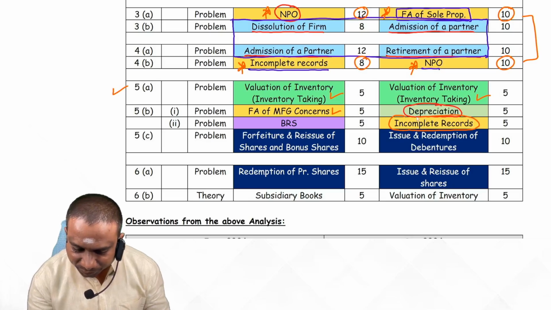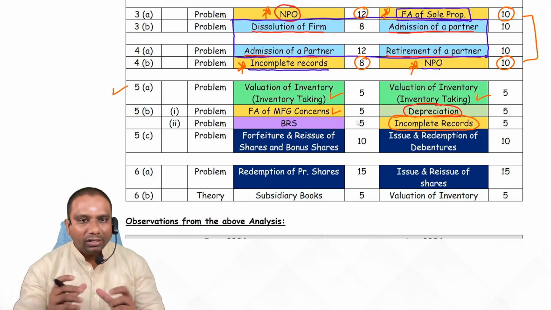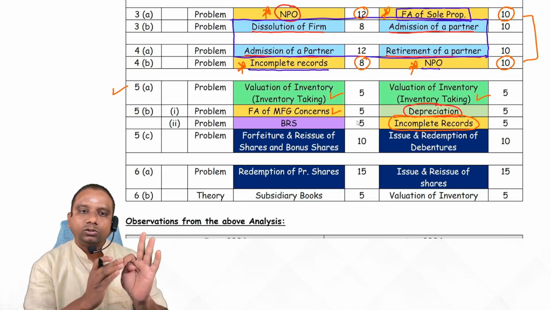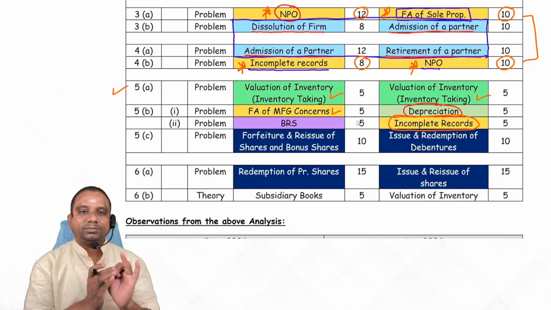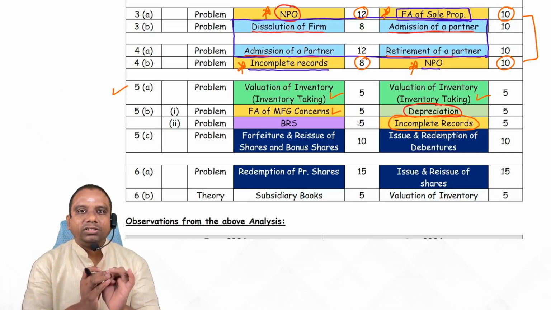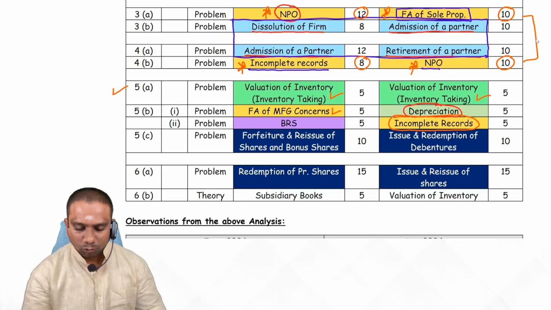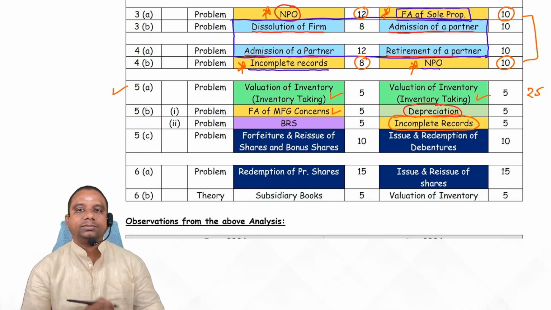Observe, students. Looking at this question paper, we can bundle the first category: NPO, final accounts of sole proprietor and incomplete records. From these three chapters, they are asking 20 marks in 3A and 4B, third question and fourth question, and 5 marks in the fifth question, that means 25 marks.